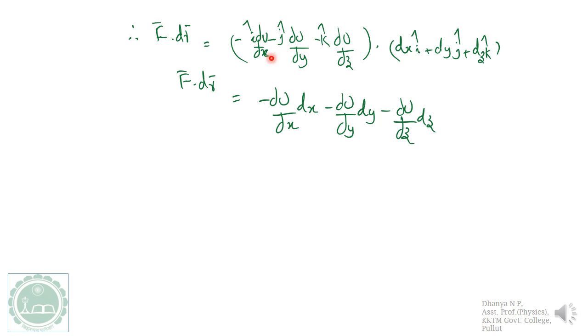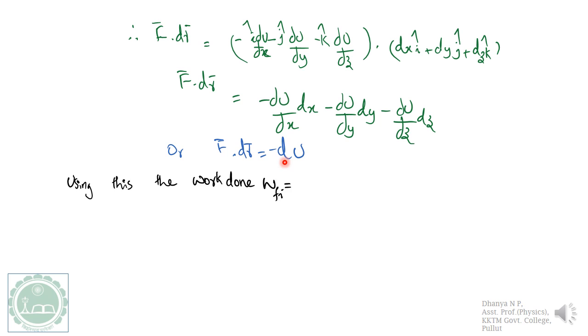All other dot products vanish as i, j, k are mutually perpendicular vectors. F dot dr is equal to minus ∂u/∂x dx minus ∂u/∂y dy minus ∂u/∂z dz, or F dot dr is equal to minus du.